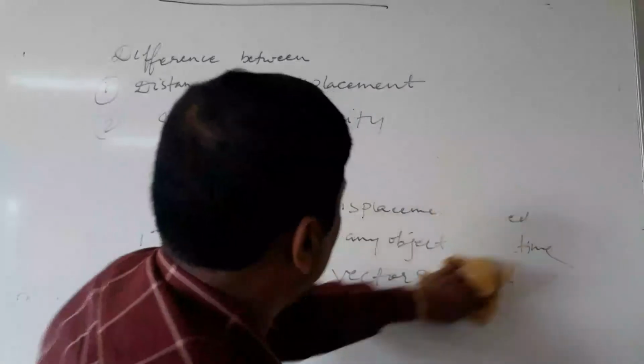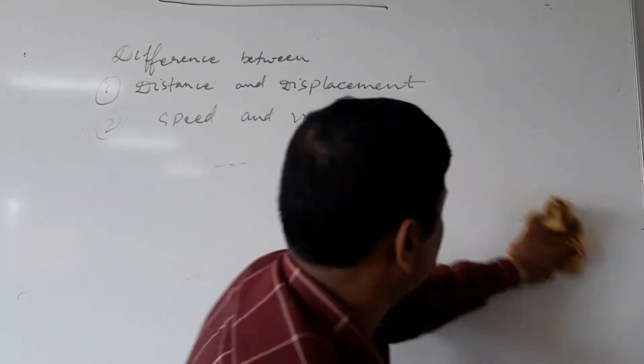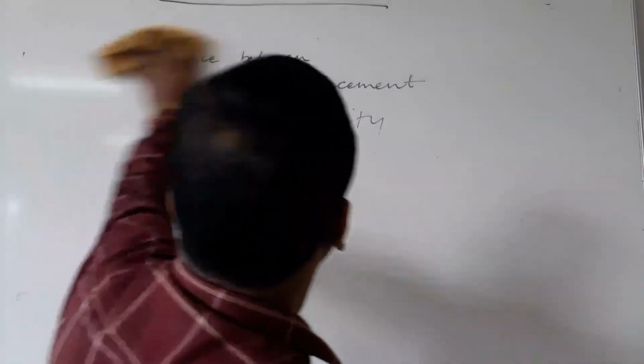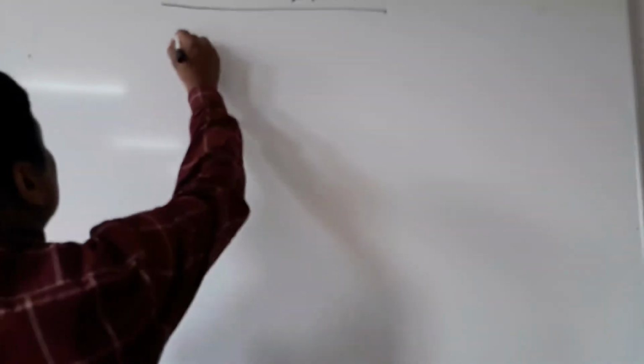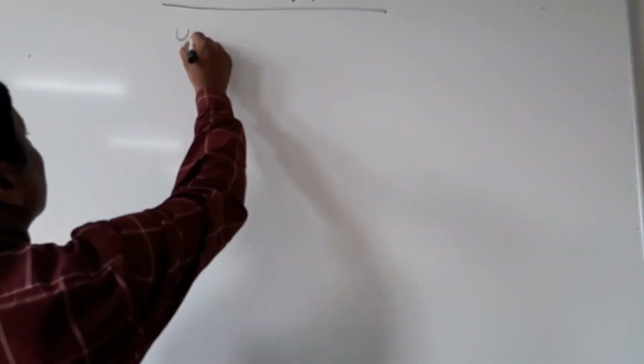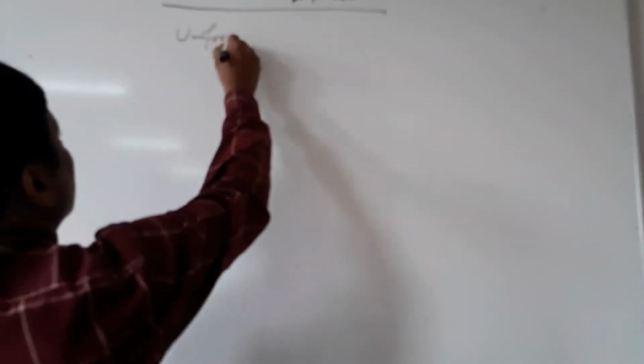Next, uniform and non-uniform motion with graph. How can we draw a graph for uniform motion and non-uniform motion? Uniform motion first.